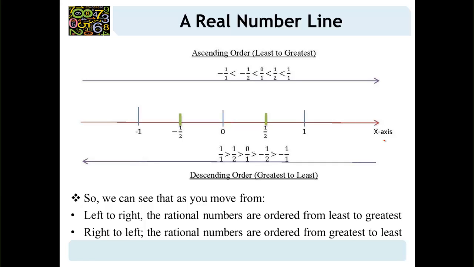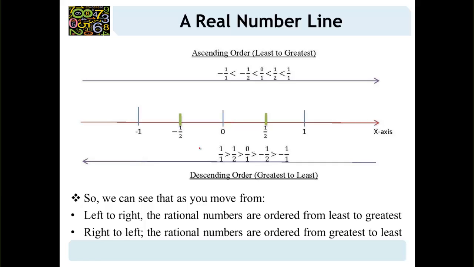Now, in the real numbers, we are concerned with rational numbers. Okay, so with these rational numbers, you can find a decimal, you can find a fraction, you can find a whole number here.